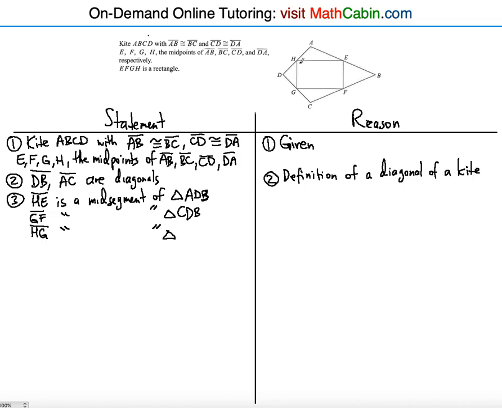Let's find HG. It is the mid-segment of triangle ACD. And finally, the last mid-segment is EF. EF is a mid-segment of triangle, let's find that. EF is right here, so we're talking about this triangle, ABC.